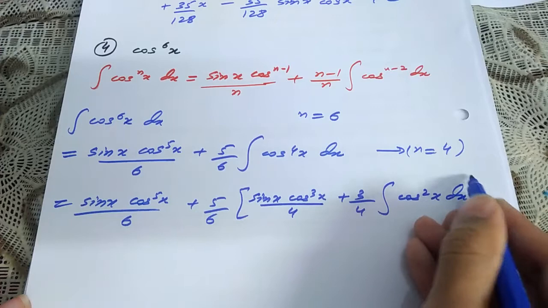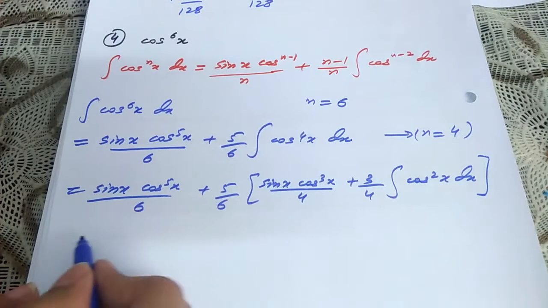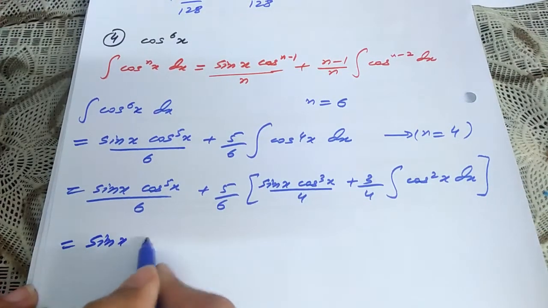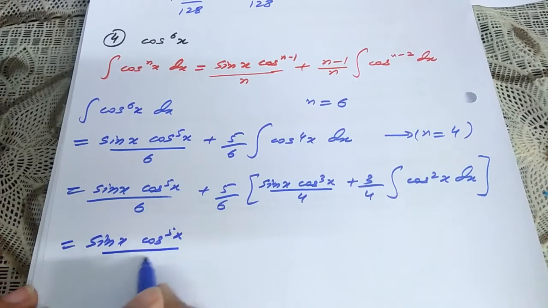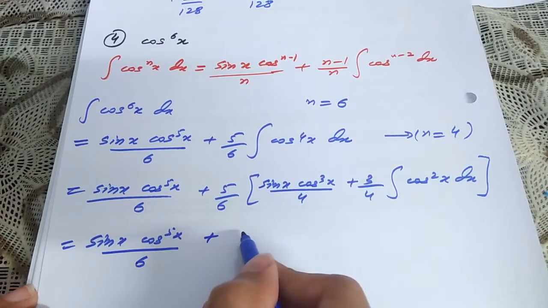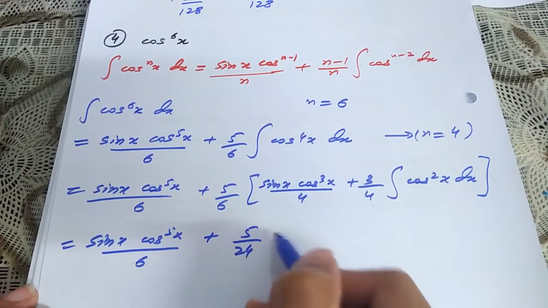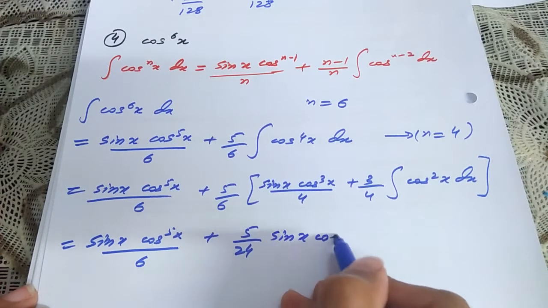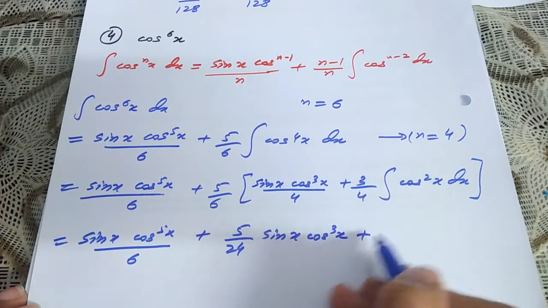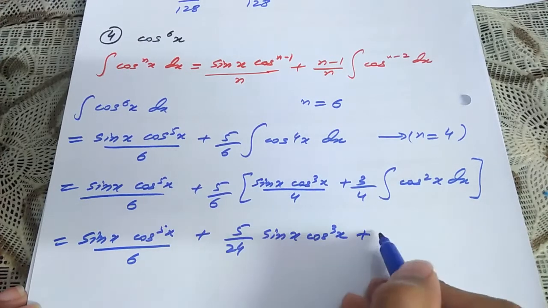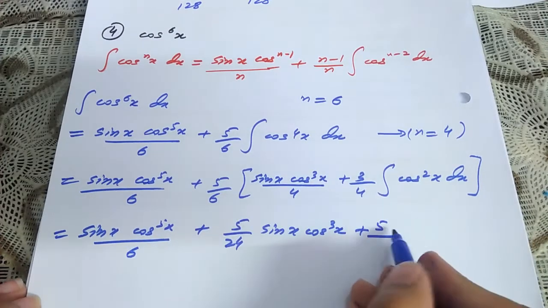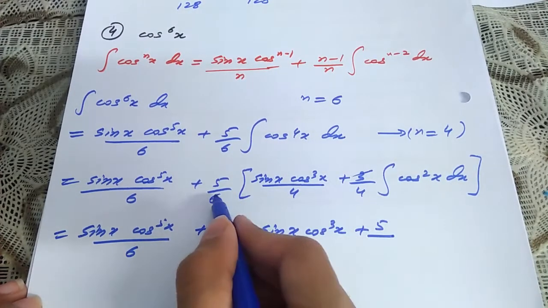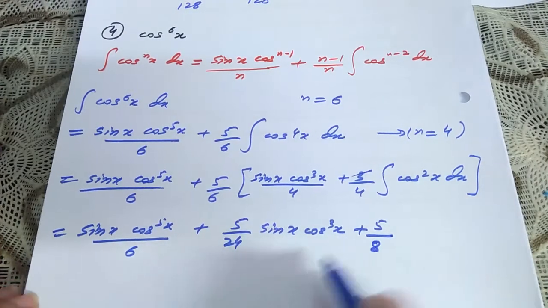Now open this bracket, we'll get this 3 and this 2 will be cancelled, get here 5 over 8.